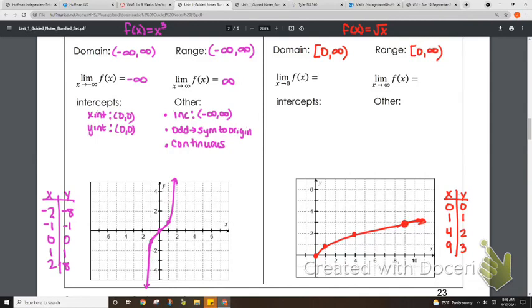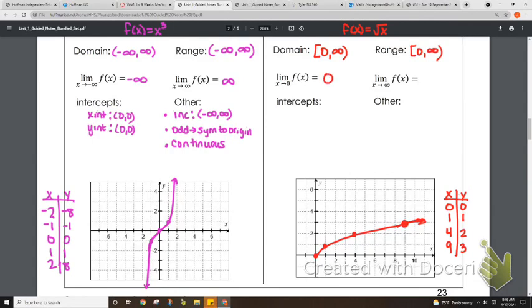Now my limit, notice they changed it, as x goes towards 0, okay, because it's not going to keep going to negative infinity. As x goes towards 0, what's happening to that y value? Well, as x is going towards 0, the y is going towards 0 as well, because it has that ordered pair 0, 0. Then the limit as x goes towards positive infinity.